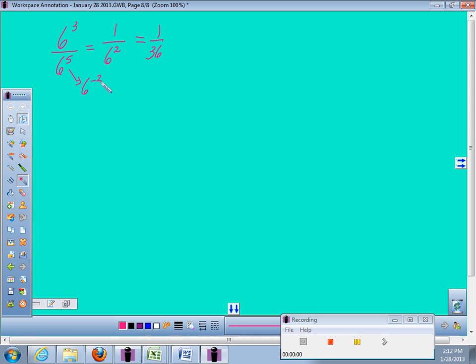Okay, but now I'm about to make this all simple. This is crucial. This is how to make the whole thing with the negative exponents very simple.